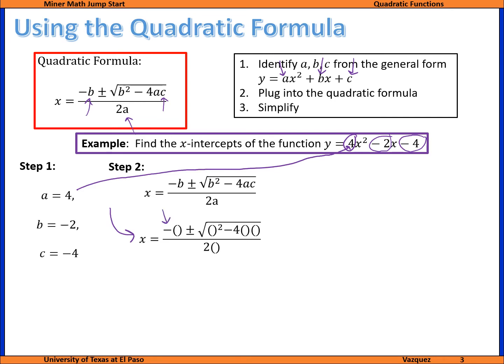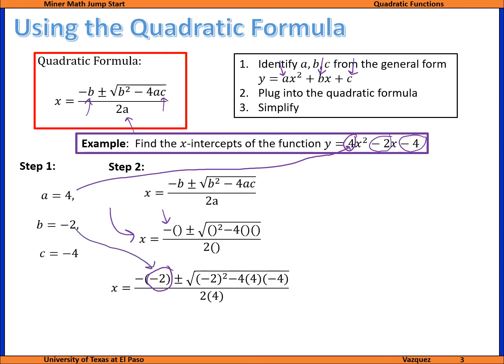Drawing out the skeleton adds more work, but it makes sure we don't make mistakes. The parentheses are empty. That's where we're going to put in all our A's, B's, and C's. We know what those are, so I'm going to go ahead and put those in. And notice, right here with this negative 2, that's B, right? That's where this is coming from.